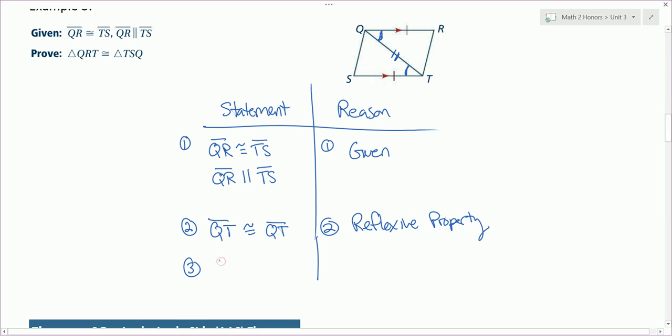So angle, if you trace it, we say RQT is congruent to angle STQ. And the reason, alternate interior angles are congruent.